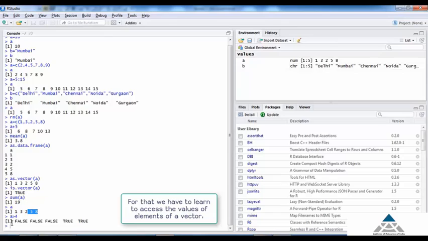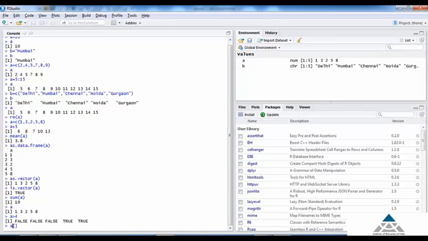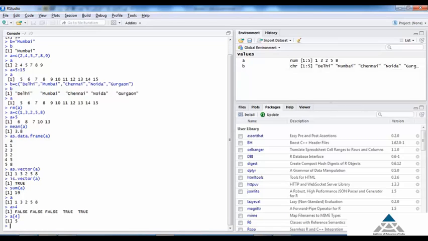For that, we have to learn to access the values of elements of a vector. To access the values, we use square brackets. We write A, and then in square brackets we write 4. This gives us an output of 5.